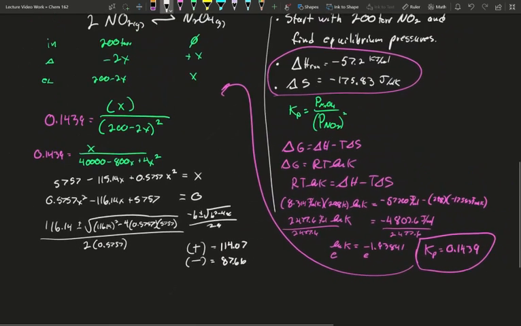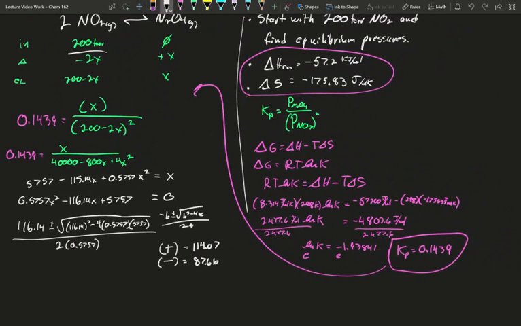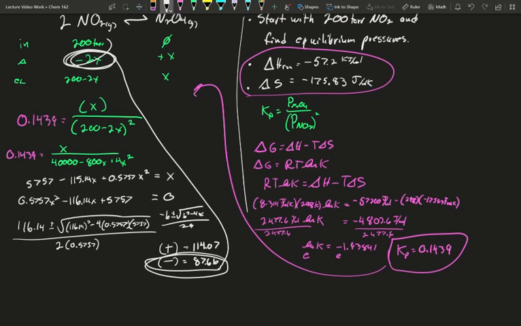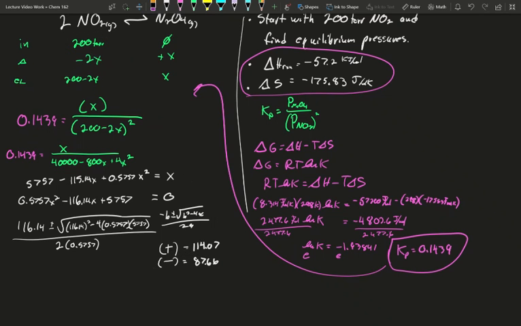If we think about our values for a minute, 2 times 114 is going to be 228. I can't subtract more pressure than actually existed. Well, 87.66, about 88, it's going to be 172. I can subtract 172 from 200. And so the only sensible value, the only one that will make chemical sense, is going to be our subtraction value here at 87.66.